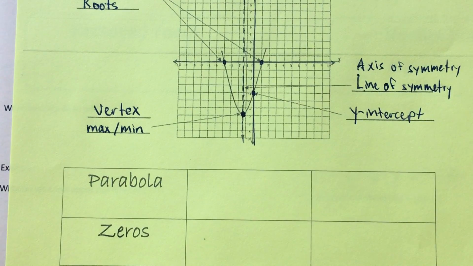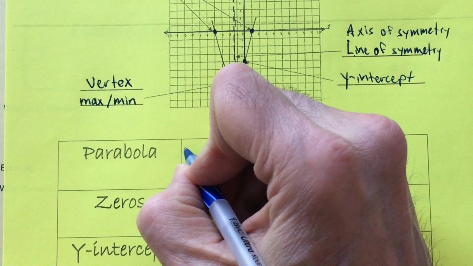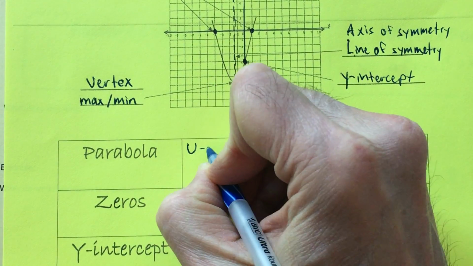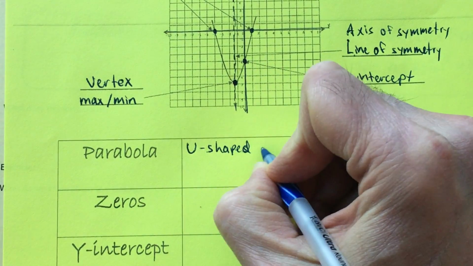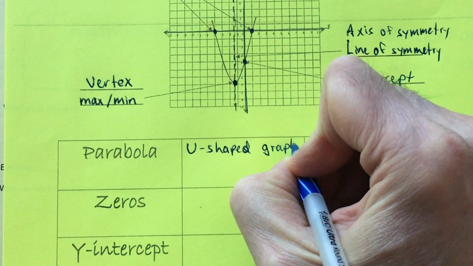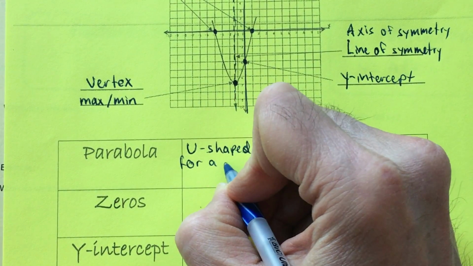Okay, now we're going to talk about some of the words. The word parabola. This is the U shape graph for a quadratic.